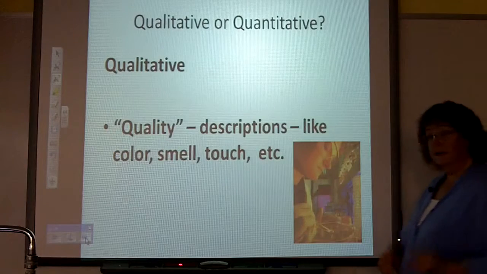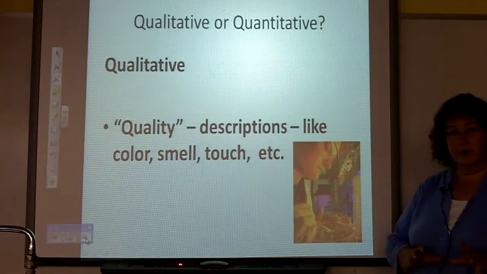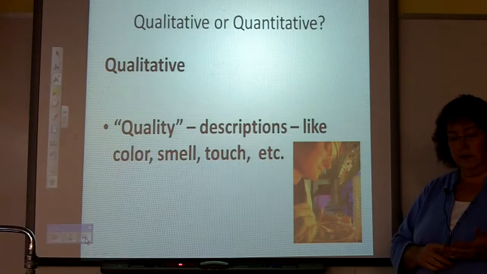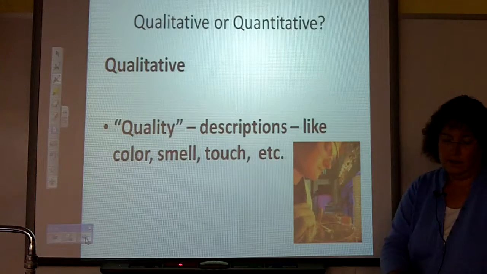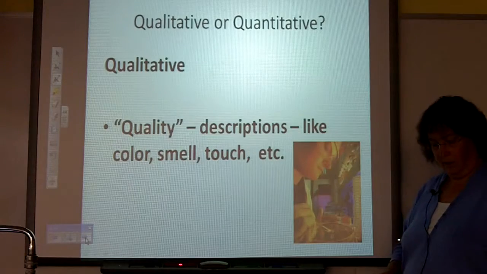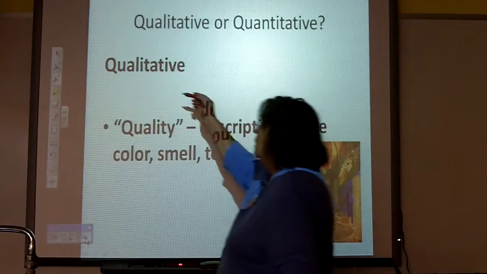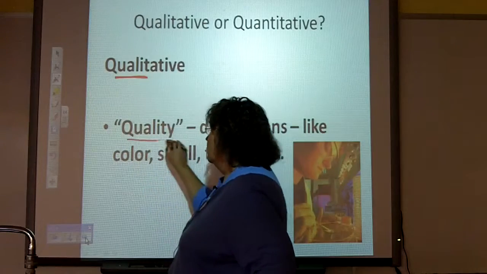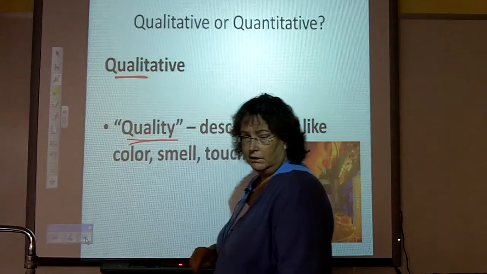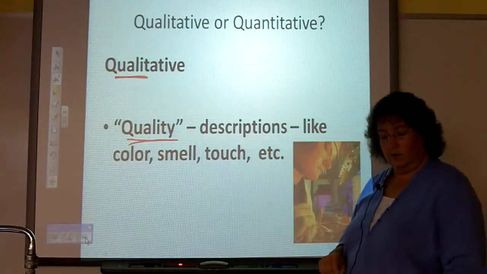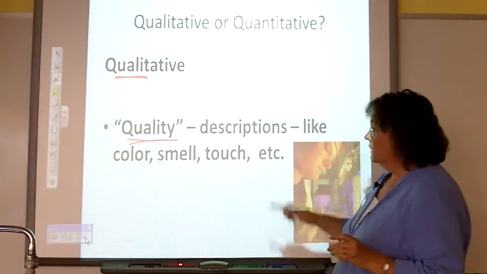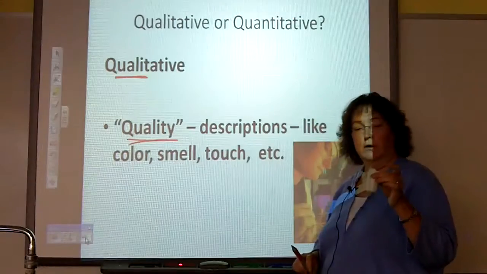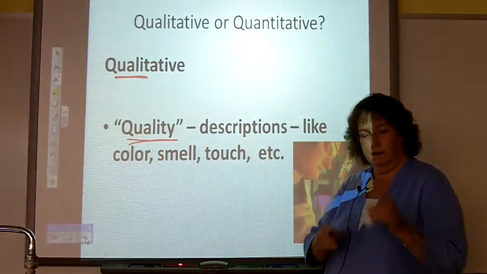All right, the second type of classification for each of your observations is you have to decide, is it qualitative or quantitative? Look at the root word. If we have qualitative, we are looking at the quality of that object. In this case, the quality of the candle. So quality is a description, like what color is it? How does it smell? How does it feel?